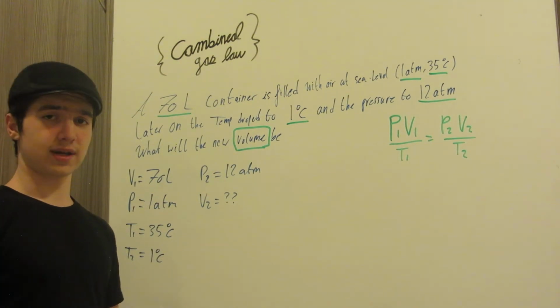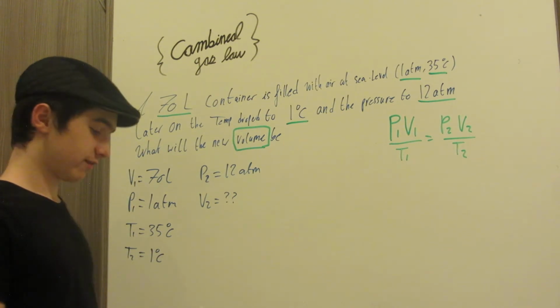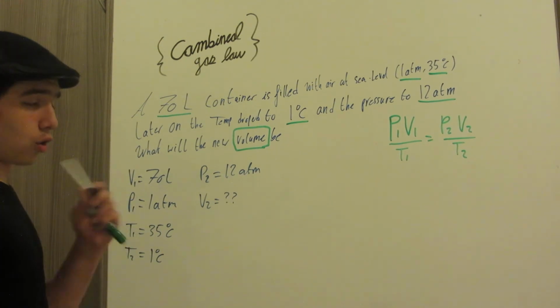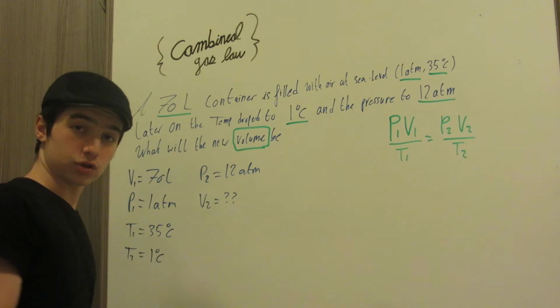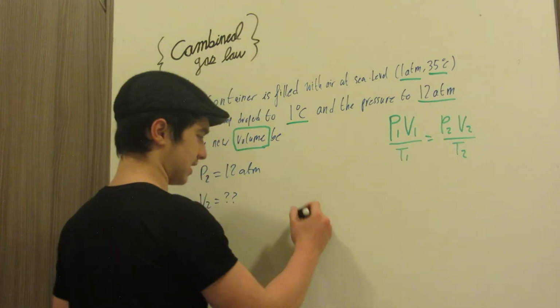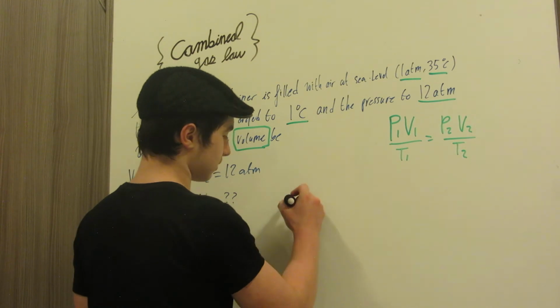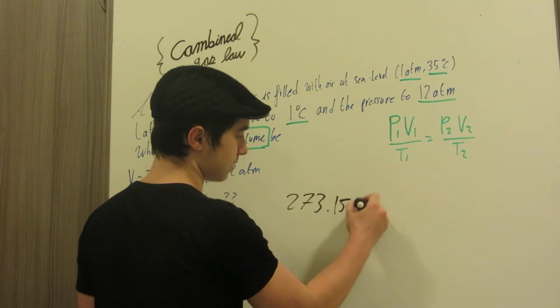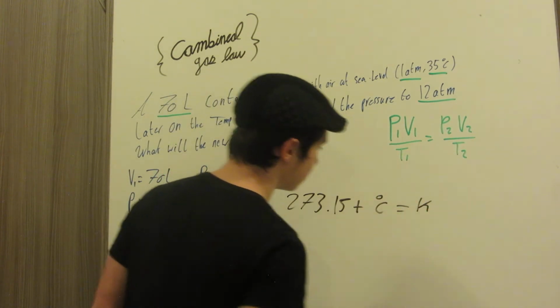You can watch my videos about gases, where I mention the formula. And if you don't want to go back and watch the video, you can just watch it right now. The formula says that to convert temperature to Kelvin, we write 273.15 plus the Celsius temperature to get the Kelvin temperature.